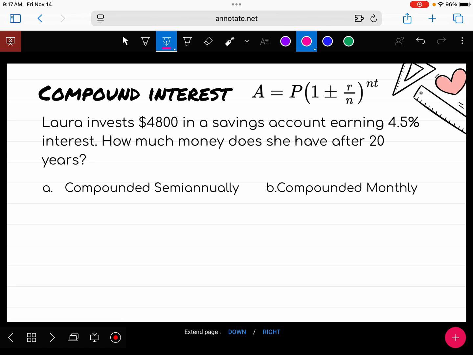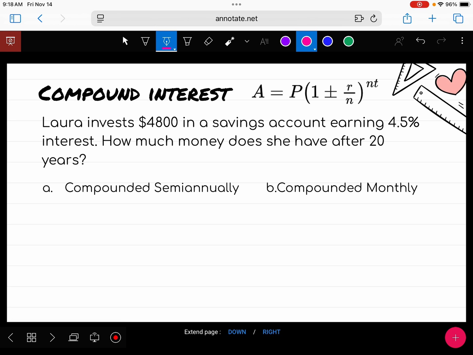The only thing that's different is this additional n, which is how many times per t we are doing the thing. So how many times per year are we compounding? The rest of the pieces all mean the same. We're still going to find our total amount with our principal. We use our rate as a decimal. We have our t as time. And it's just how many times it's compounded.